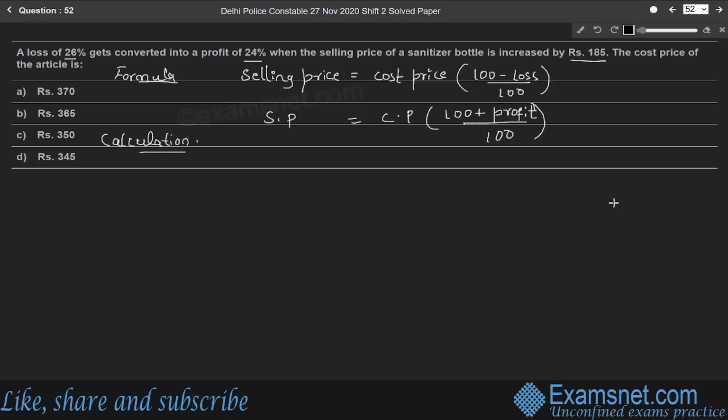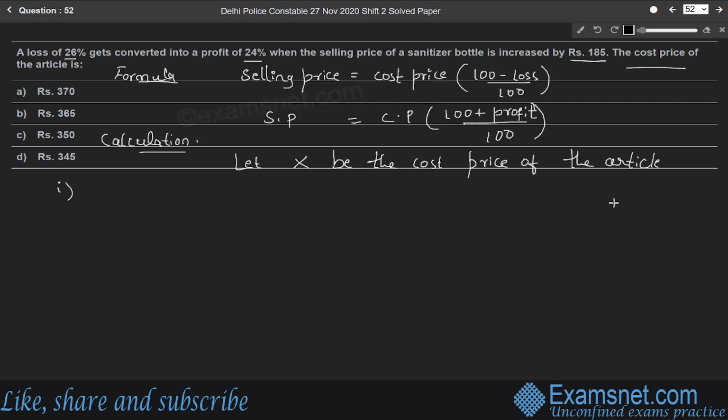In this case, we have to find the cost price of the article. So let X be the cost price of the article. Right.